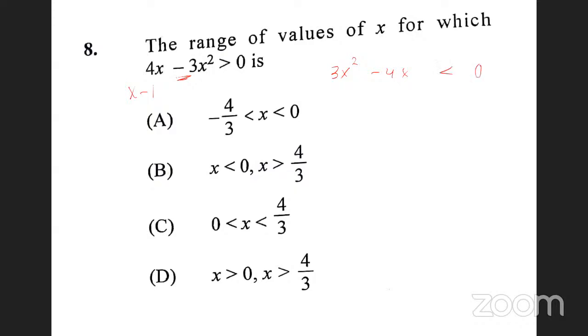Flip it, right? Then to get your critical values, the critical values are 0 and 4 on 3. You don't really need to sketch if you remember it, but let's put it in: 0 and 4 on 3. Less than 0, so it's inside here. So the answer is between 0 and 1.